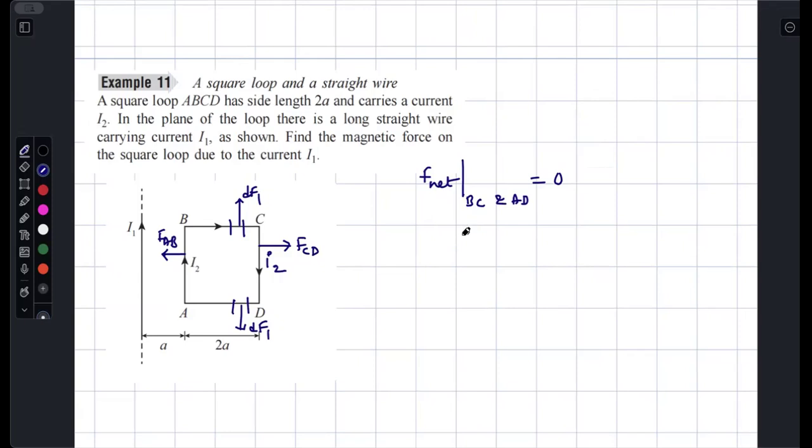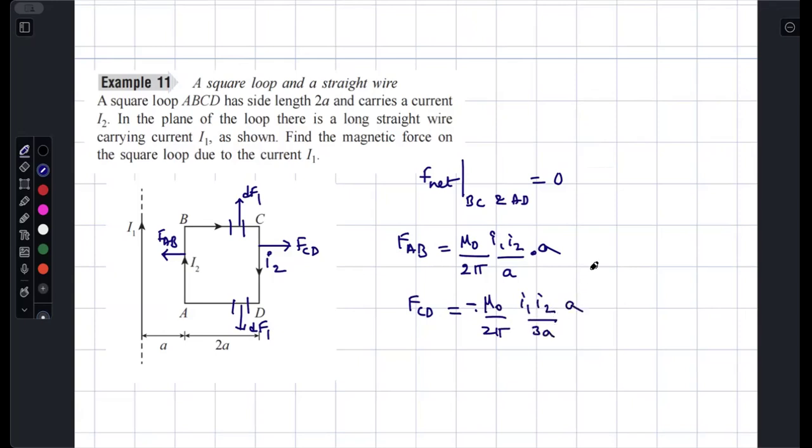So therefore, what is FAB? FAB is simply mu naught by 2 pi I1 I2 by a times a. Don't forget, this portion which you are seeing is force per unit length into a. Now what is FCD? Minus mu naught by 2 pi I1 I2 by 3a times a.